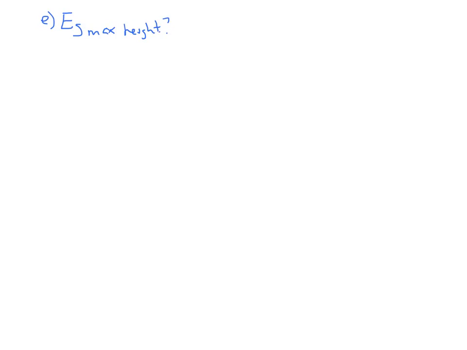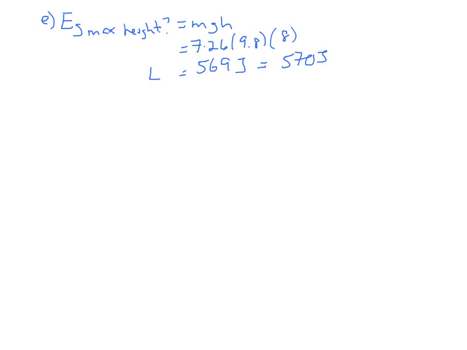We know that's going to equal mgh. The mass is 7.26, gravity is 9.8, and the max height is 8 meters. When you put that in your calculator, you get 569 joules, which equals 570 joules for 2 sig digs.